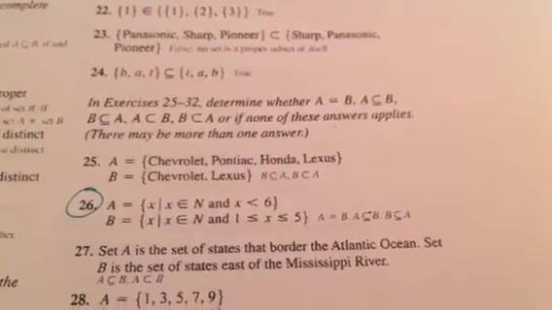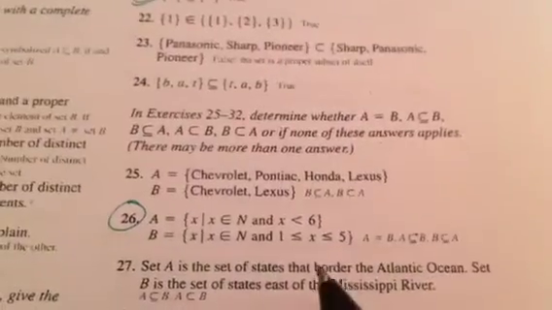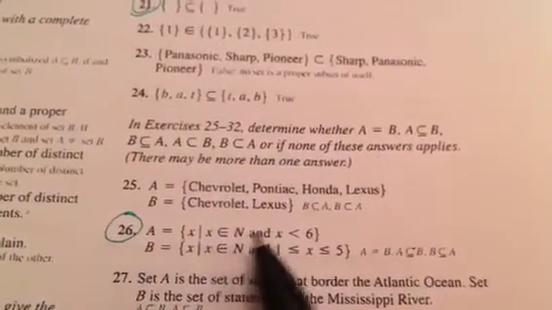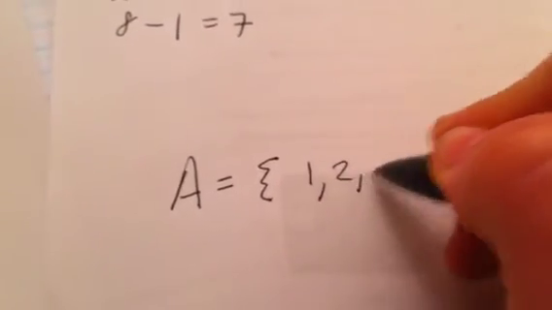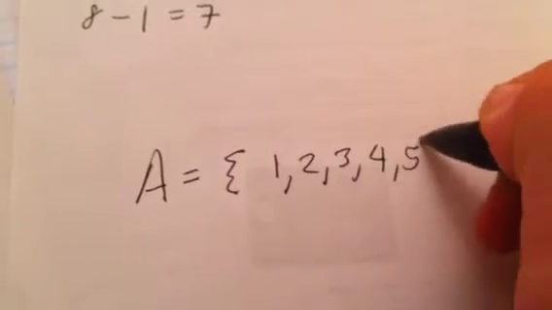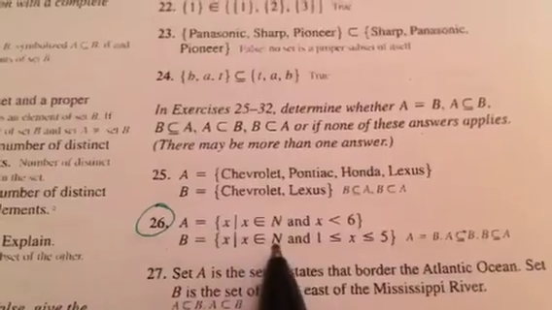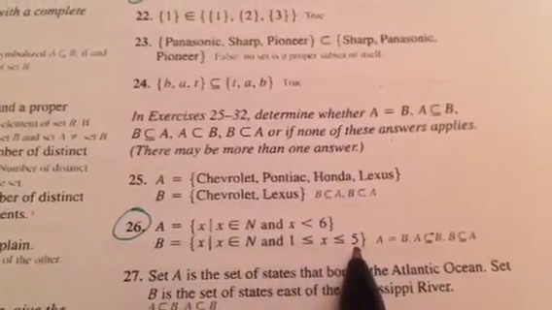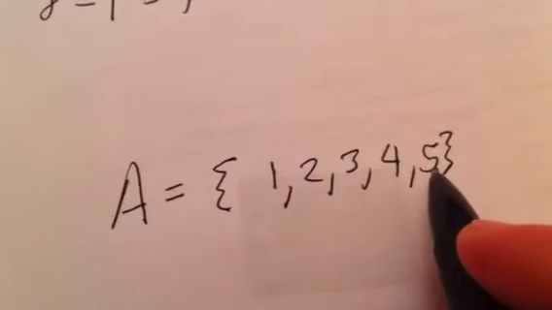So if we were to write out A and B, A is the natural numbers less than 6. In roster form, that would be 1, 2, 3, 4, and 5. And for B, the natural numbers between 1 and 5 inclusive would be the same, 1, 2, 3, 4, and 5.